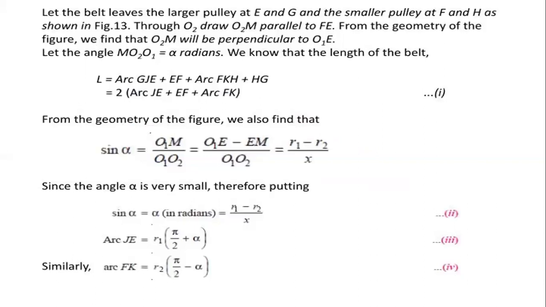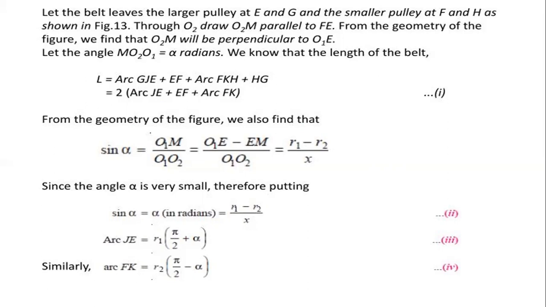Let the belt leave the larger pulley at the E position, that is at E and G points, and the smaller pulley at F and H points, as shown in the figure.